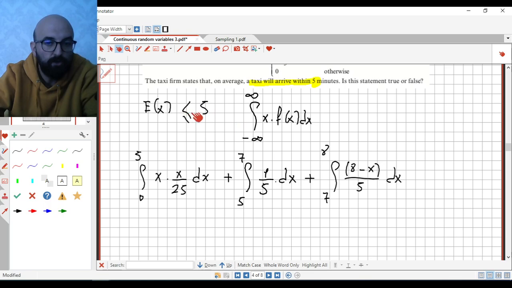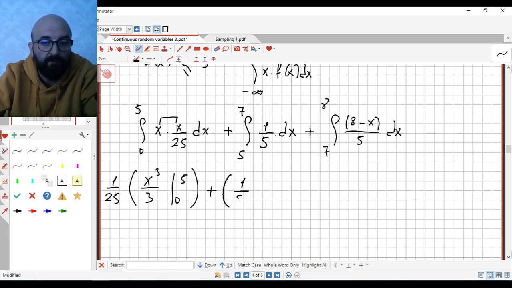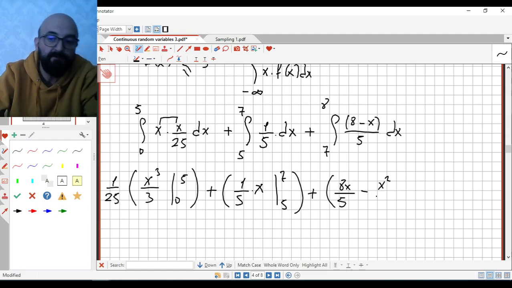It should be less than or equal to 5 if the taxi firm says true. And 1 over 25, it becomes x square, and the integration of x square is x cube over 3 from 0 to 5, plus 1 over 5 multiplied by x from 5 to 7, plus 8x over 5 minus x square over 2 over 5, which becomes 10, from 7 to 8.